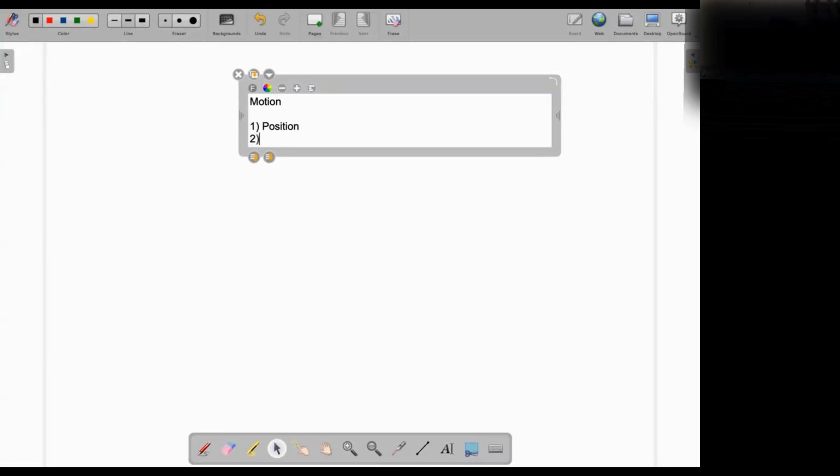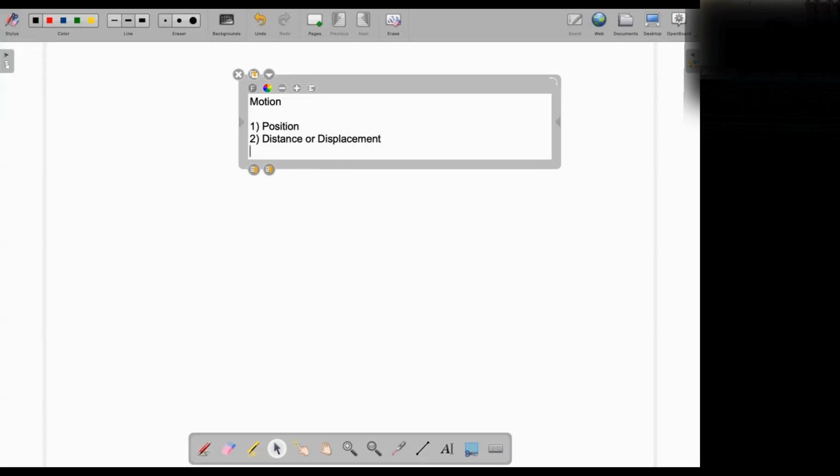Second thing which I require is the distance. We're discussing translation motion here, right? Only translation motion. The whole chapter is for translation motion, okay? Not rotation at all, okay? Distance or displacement.